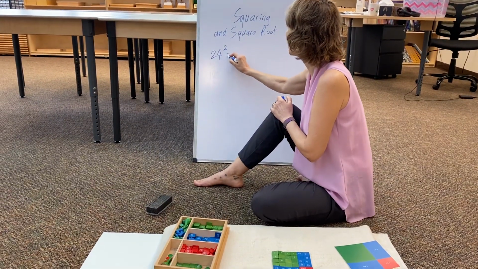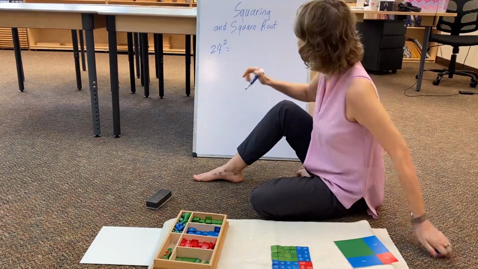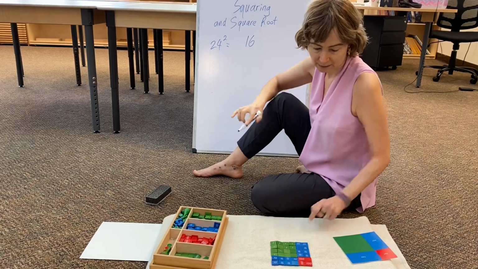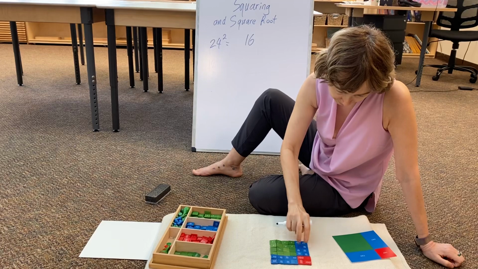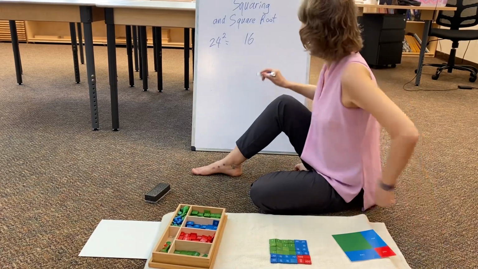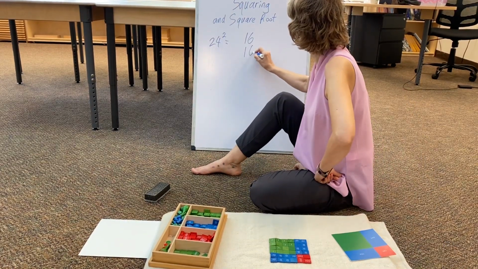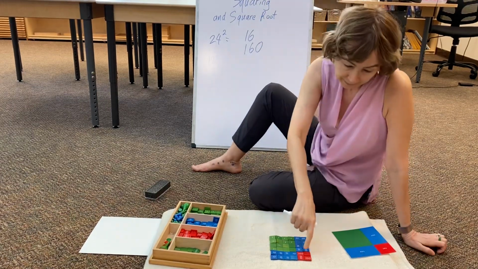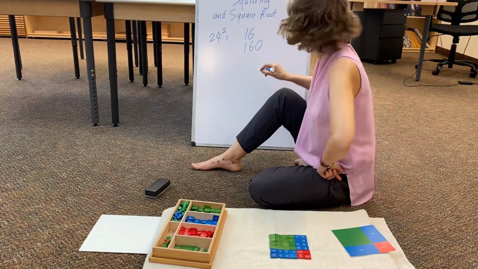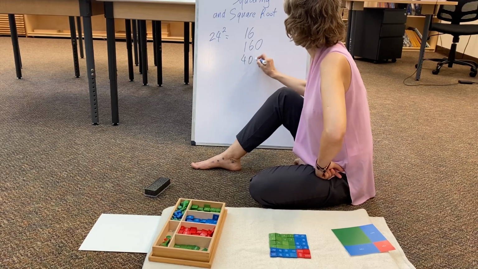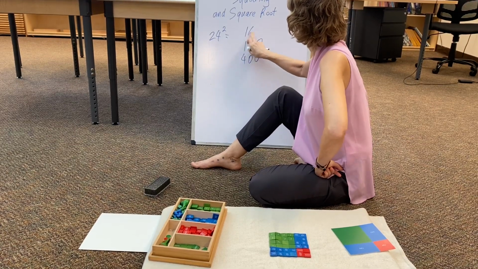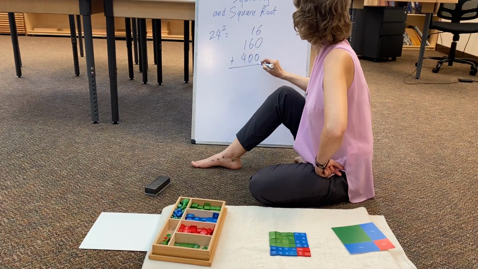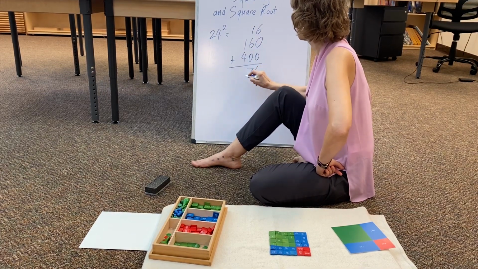24 squared. I have 16 ones, 16 units, tens, 160 tens, and then I have 400s. Let me put this here.